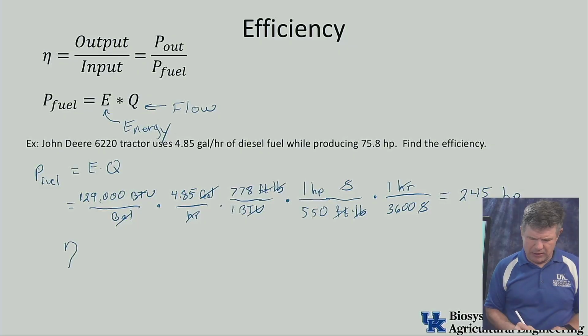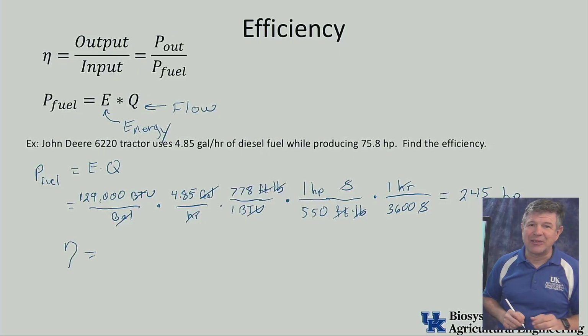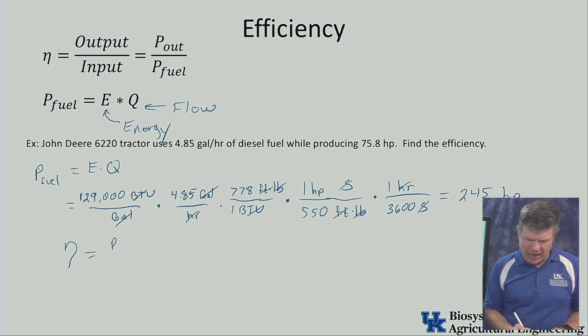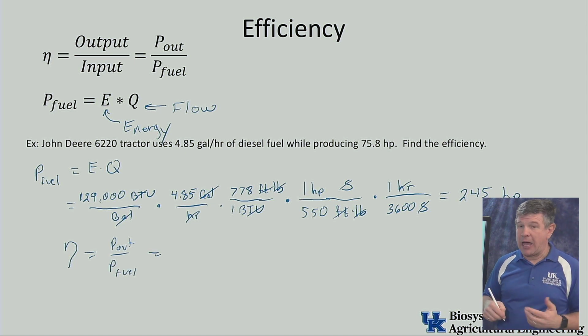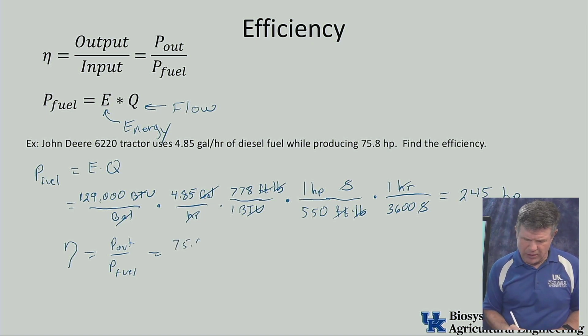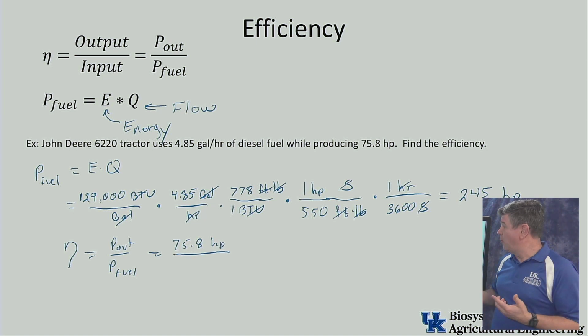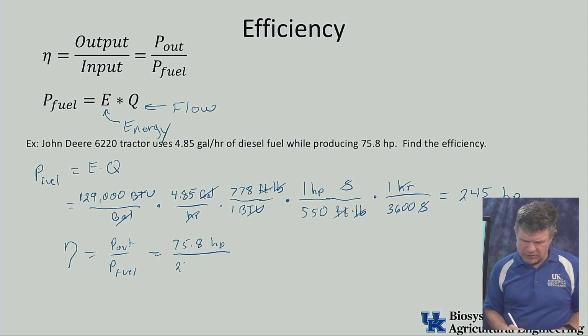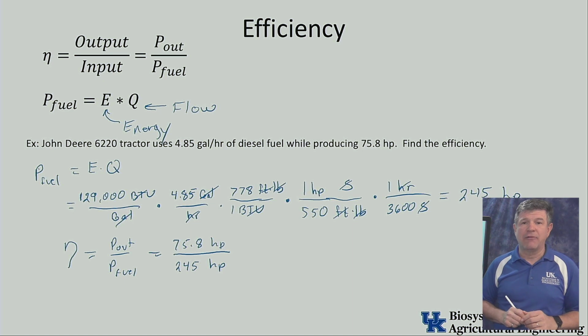So we put that Greek letter eta as the efficiency. I like Greek letters. I have fun with that. So that's my power out divided by my fuel power. What is my power out? That was given in the question here: 75.8 horsepower divided by the fuel power, 245 horsepower.